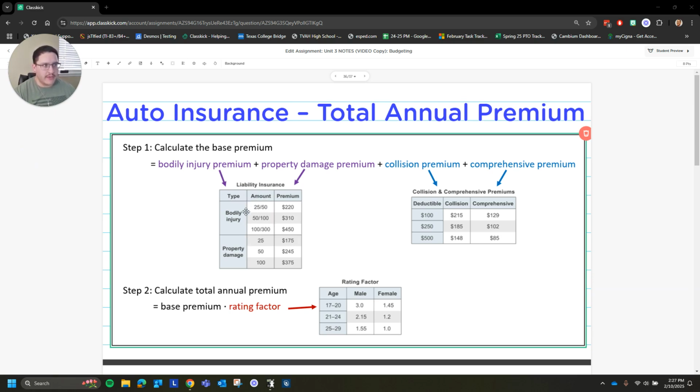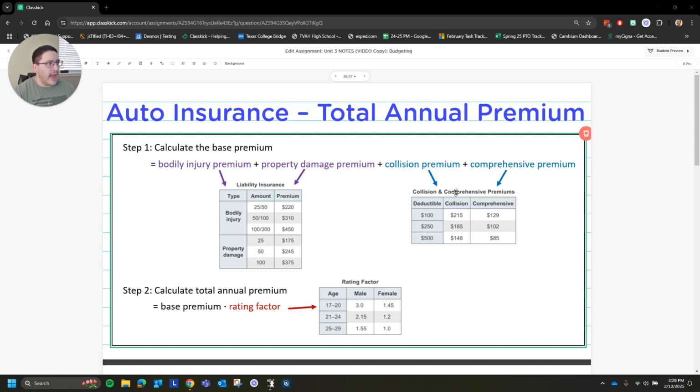So the first amount is the coverage for the person. The second amount is for the accident. Then you have another premium for the property damage. Again, these are in the thousands. So these are premiums that you pay for the entire year. $25,000 for property damage at $175 premium, and so on and so forth.